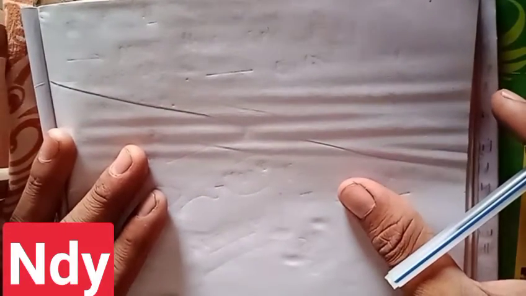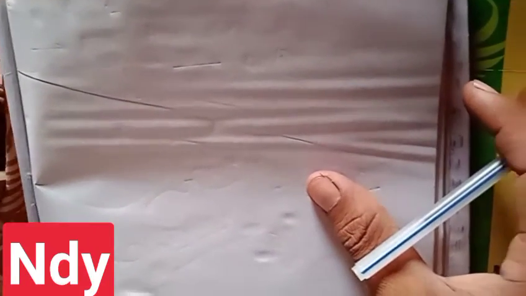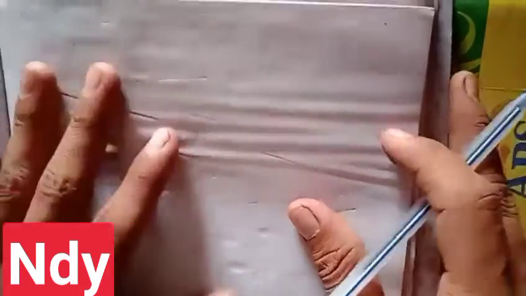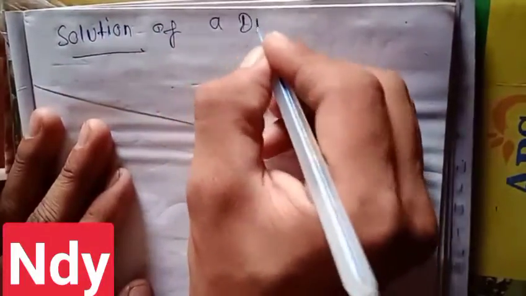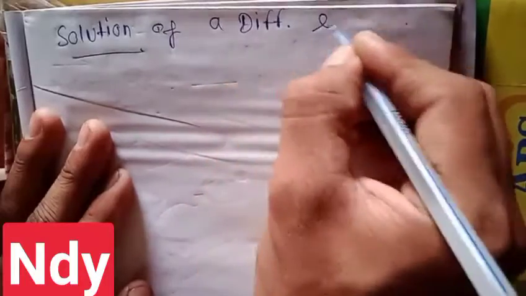Now, as we have seen, if the order of the differential equation is n, then now let us talk about what we mean by the solution of a differential equation.